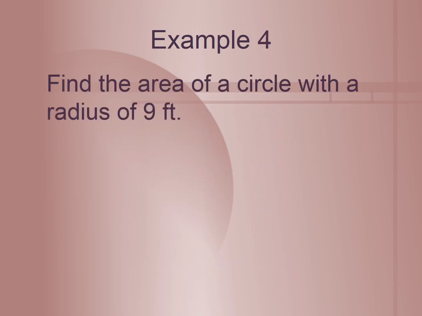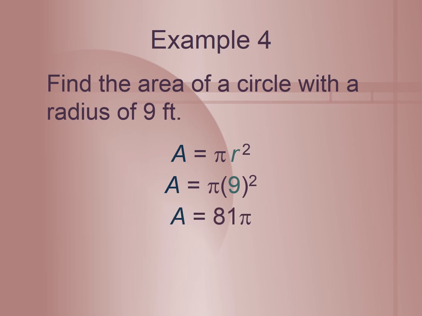Next example, let's find the area of a circle with a radius of 9 feet. So area is the formula pi r squared, and we're going to substitute 9 for r, and 9 squared is 81. So we get the answer 81 pi. I do not like decimals.